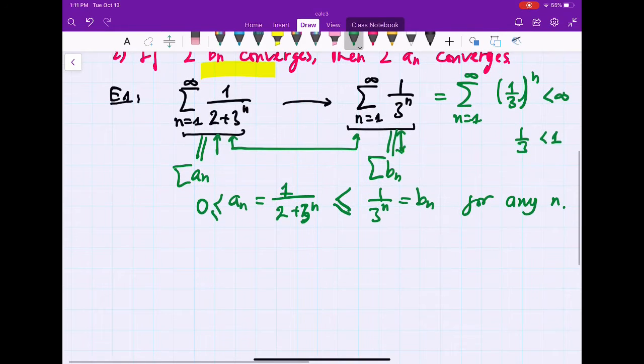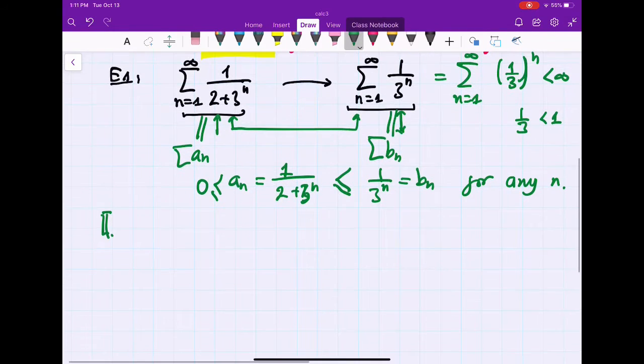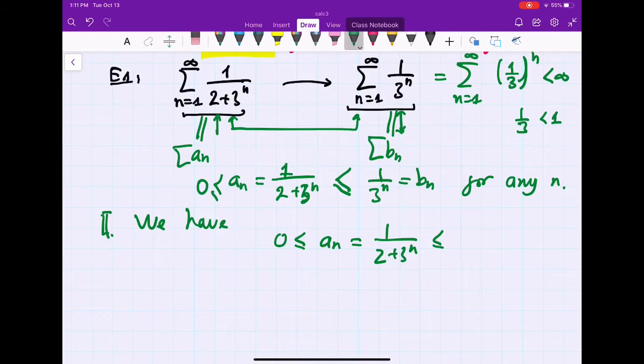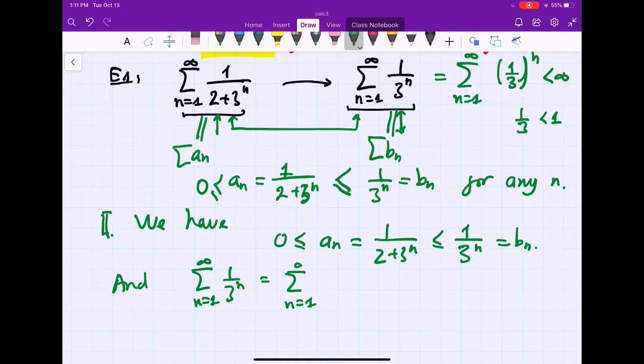Let's write the solution here. We have a_n equal to 1 over 2 plus 3 to the n, less than or equal to 1 over 3 to the n, equal to b_n. And the series of 1 over 3 to the n, n from 1 to infinity, converges.